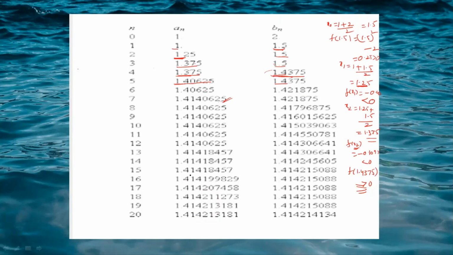Up to 18, compare the previous one and this one, then you can know what the root is. Okay, so this is the method to find the root of the equation. Here I did some 20 iterations.